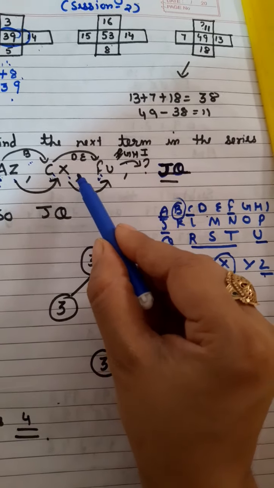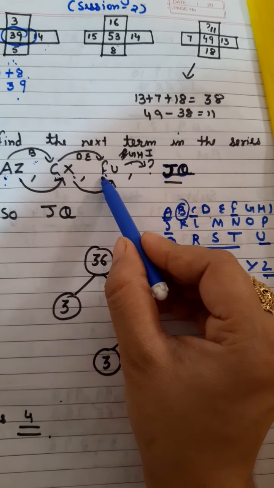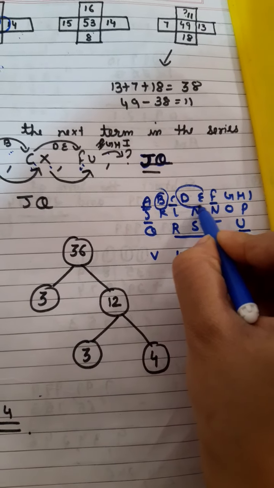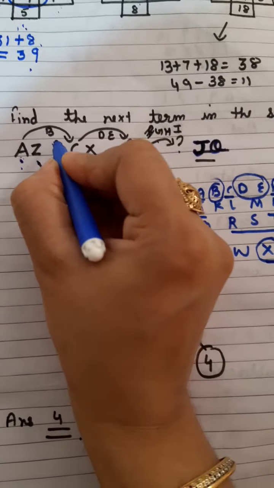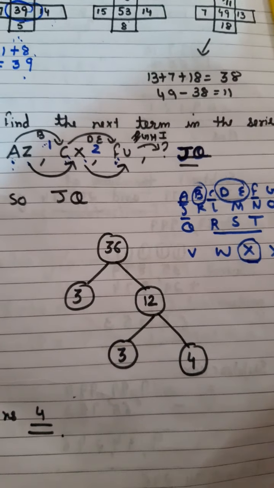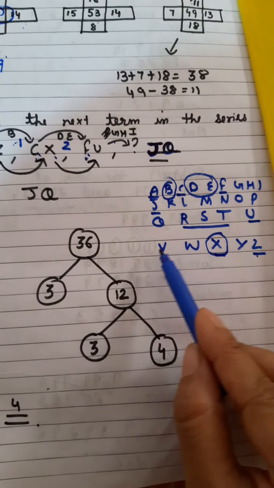Now let's check the next series. Here after C, directly it is given F. It means which two alphabets are missing? D and E. It means first they had skipped one alphabet, then they had skipped two alphabets. Clear? Now from the backwards, if I check, W and V are missing.